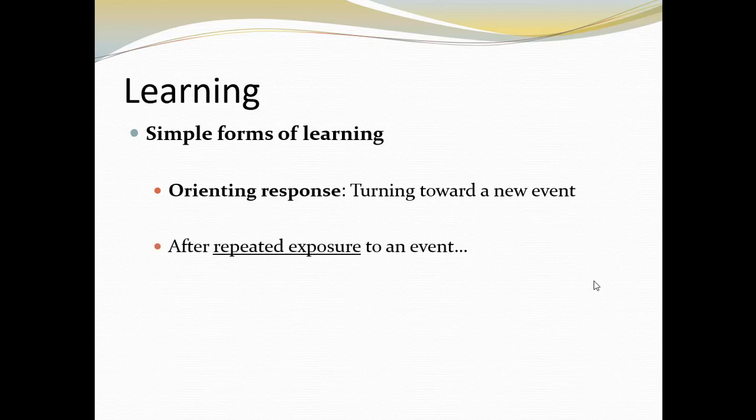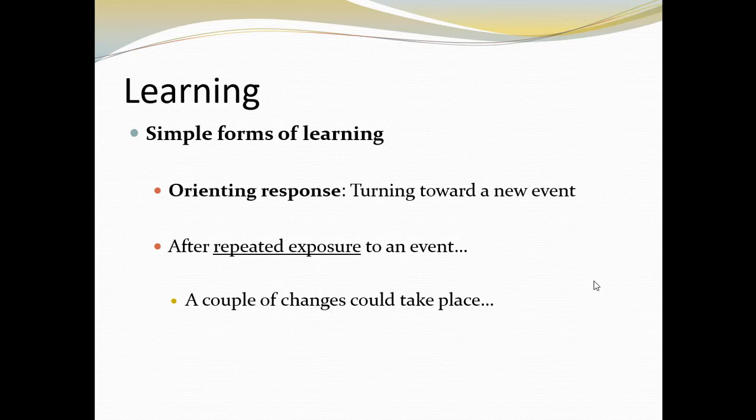But one thing that's interesting is that after you've been exposed to that previously new thing multiple times, a couple of things can take place in terms of behavior change. When we're talking about learning, we're talking about a relatively permanent change in our behavior as a function of some sort of experience.